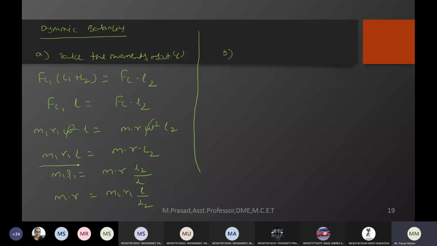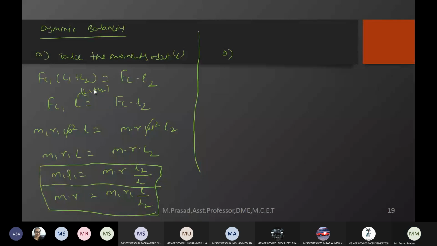This is how I can get M1 R1 or M into R. Once I get these equations, I can get the M2 R2 also. And L is nothing but L1 plus L2. This is how we can do the dynamic balancing for case A.